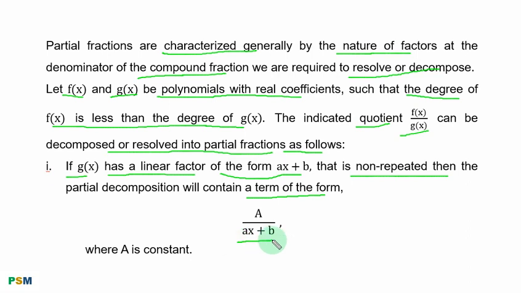In other words, if the denominator has a linear factor, that is just one, you assign one numerator to it, represented by capital letter A, where A is constant.